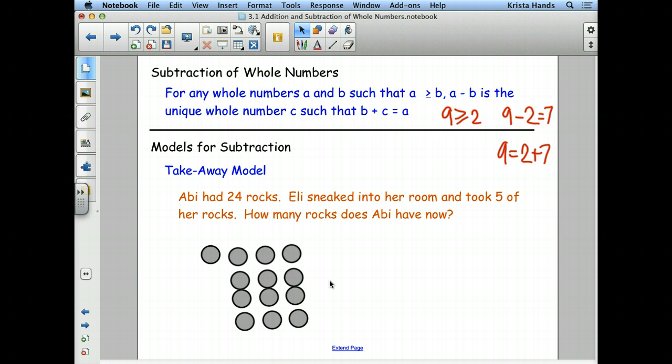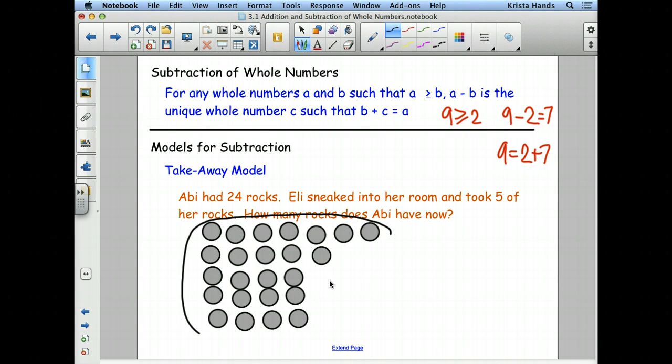What do I have? 13? There's 24. They're not on top of each other. Okay. So I have 24 objects, 24 rocks in this case, in my daughter's bedroom.